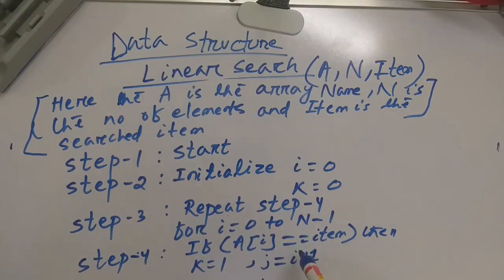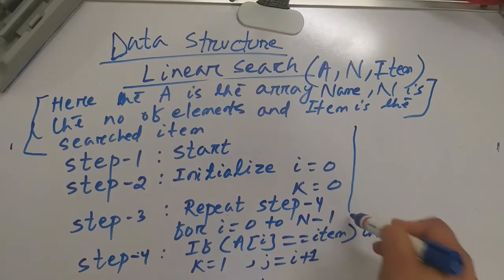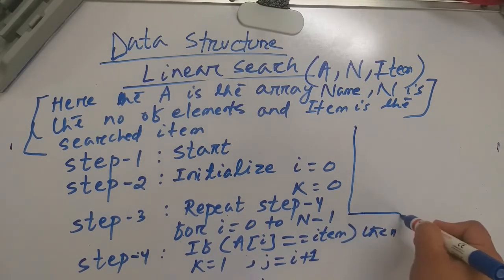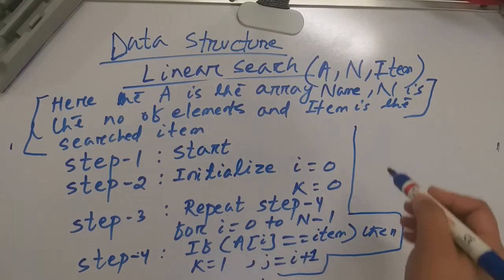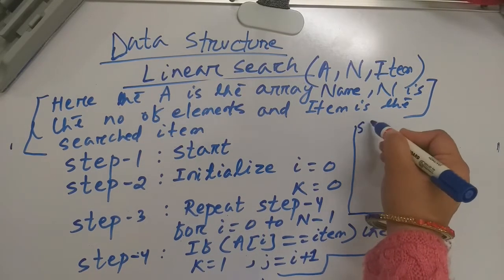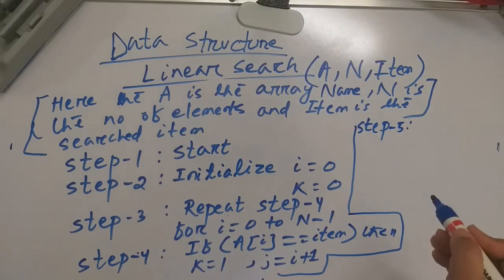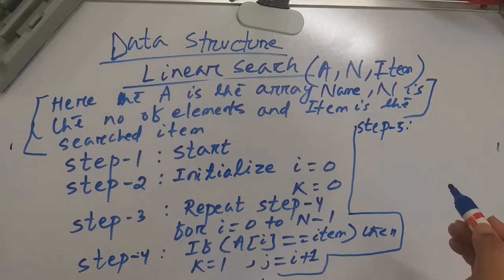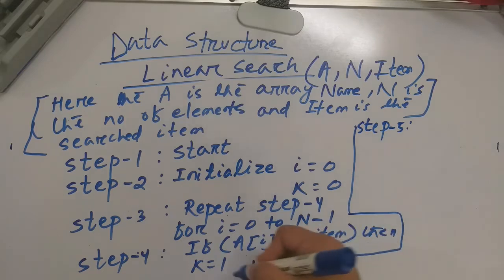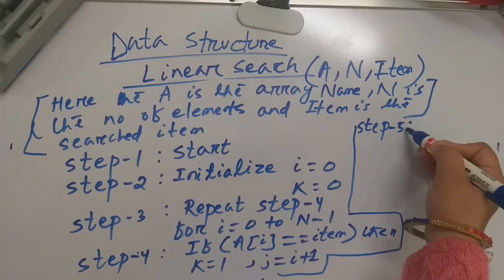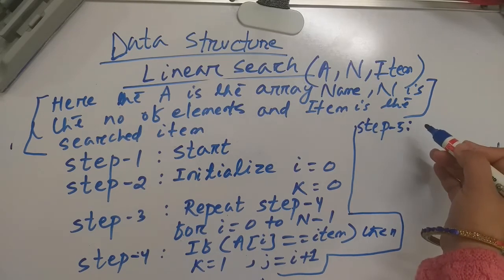If ai is equal to item, then k equal to 1 and j equal to I plus 1. So I am here writing the next step. Step 5: here we mentioned that if the search is successful, we take the k value equal to 1.